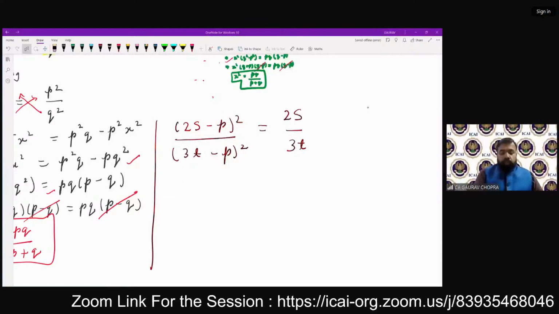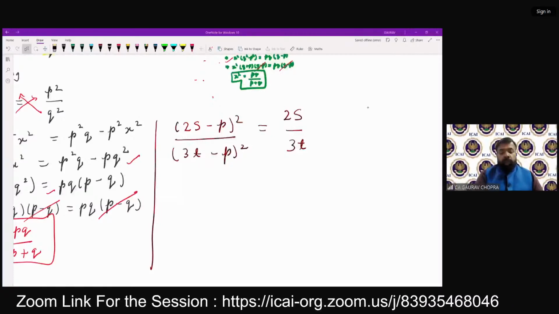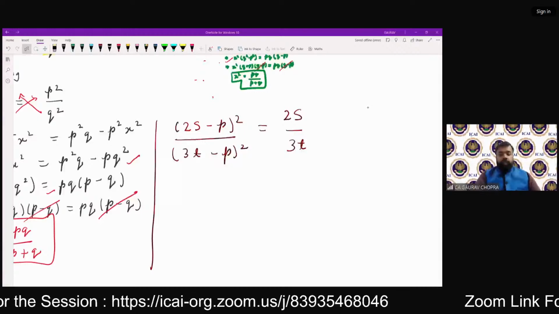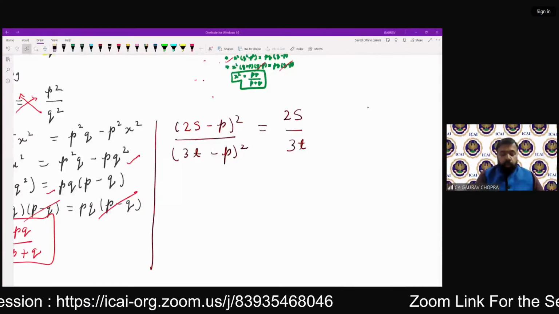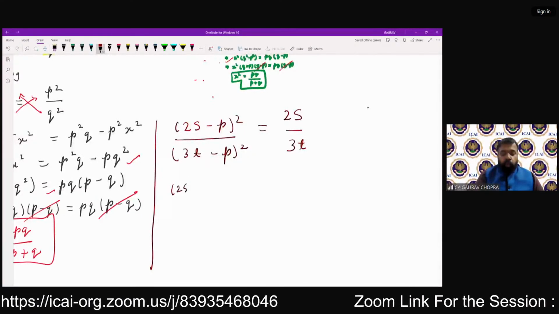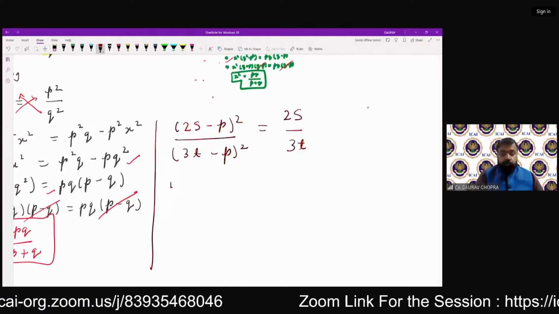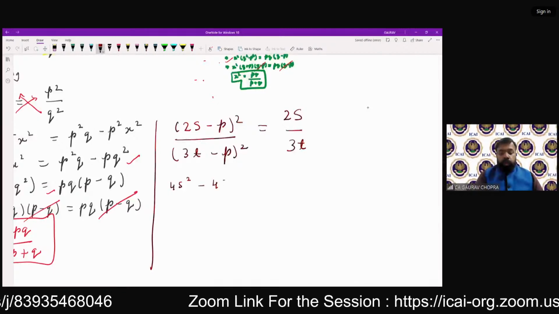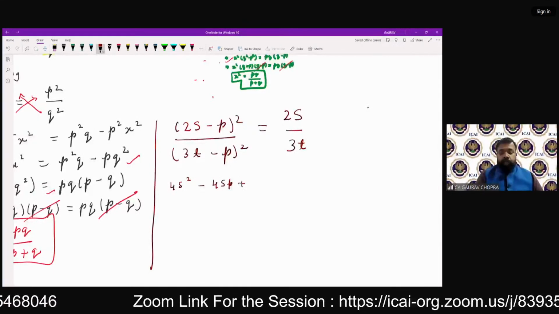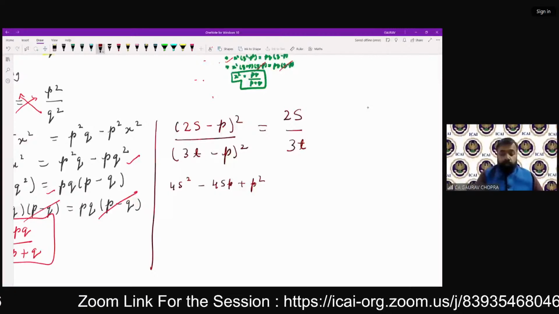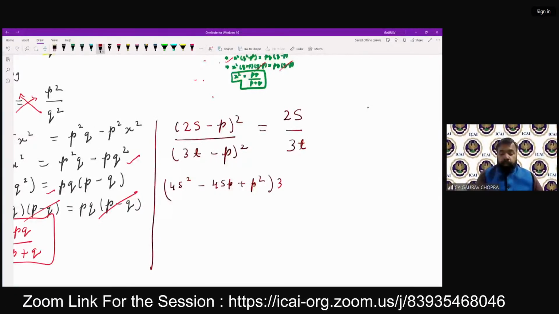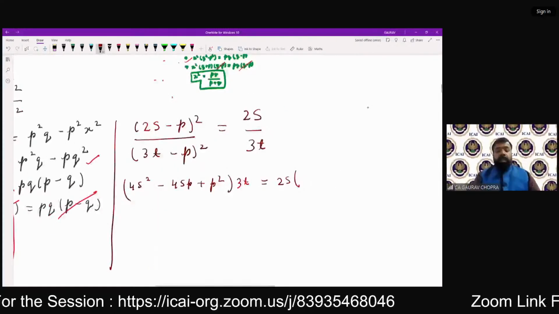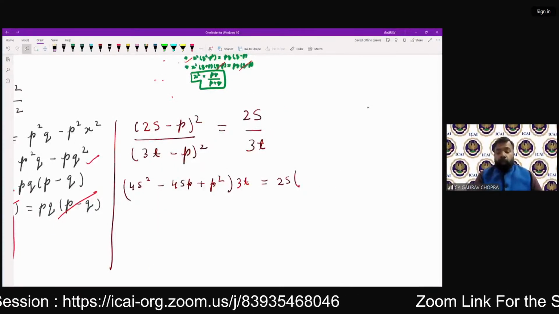Okay, so let's open a minus b whole square. You might know the property a square minus 2ab plus b square. So 2s square will become 4s square basically. Then minus 2ab. So 2 into 2, 4sp, and then plus p square, multiplied by 3t, is equal to 2s multiplied by, now we have to again do a minus b whole square.